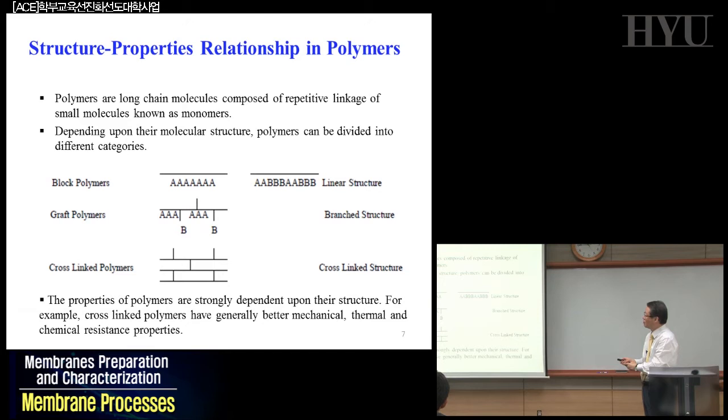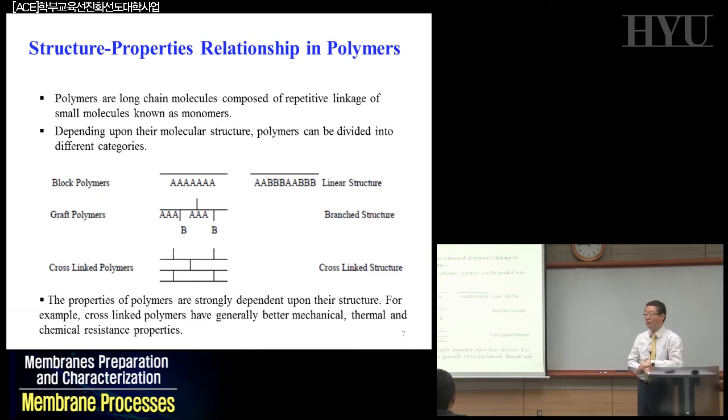Block copolymer is different from homopolymer, where you have an A block and B block combined together to become a block copolymeric structure. If you have a membrane with a homopolymer, and a membrane from block copolymer, you can see the aggregation of those blocks is different from the aggregation of the homopolymers.